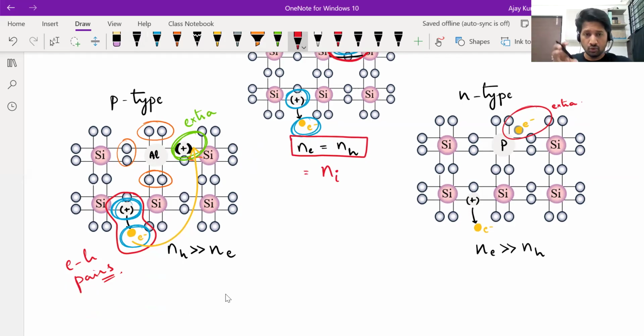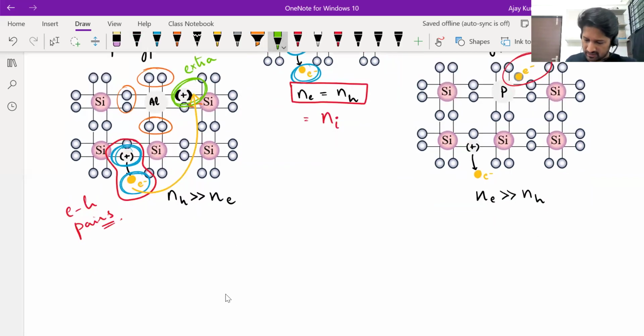Now, when you dope the semiconductor, suppose you create an extra hole like in p-type, that extra hole reduces the conduction electron concentration because these holes accept those electrons. So electron concentration is decreasing, hole concentration is increasing. But the product of concentrations, Ne multiplied with Nh, remains the same as in the intrinsic semiconductor, almost the same.